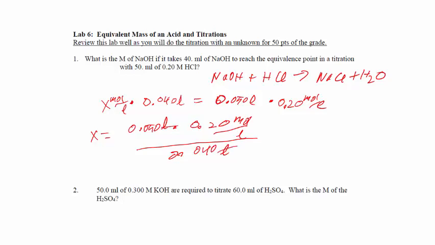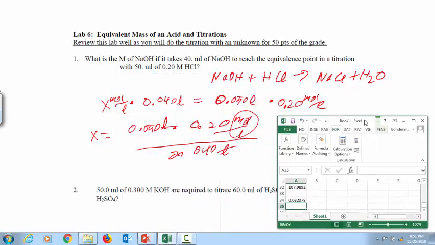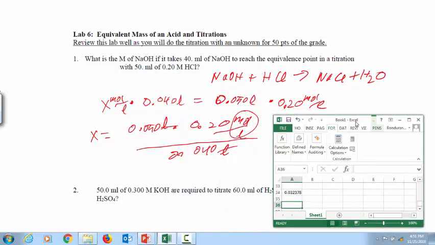So liters cancels with liters, giving me units of moles per liter. That is 0.25 molar.